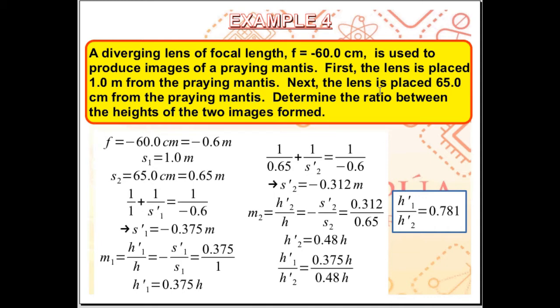Another image is formed. So we have case 1 and then case 2. Determine the ratio between the heights of the two images that were formed. So height of the image in case 1 and height of the image in case 2, get the ratio between the two. In other words, case 1, h1 prime. Case 2, h2 prime. What is the ratio between h1 prime and h2 prime?